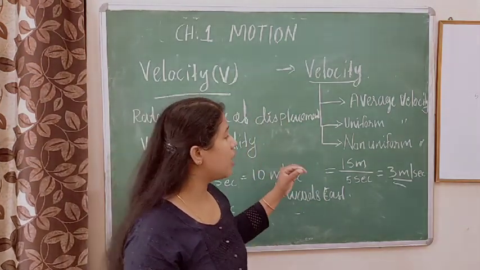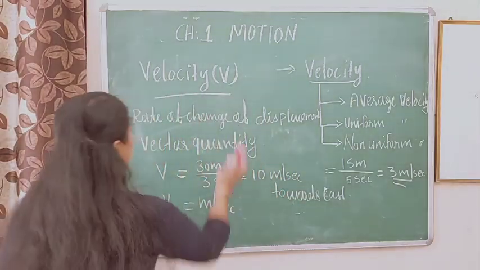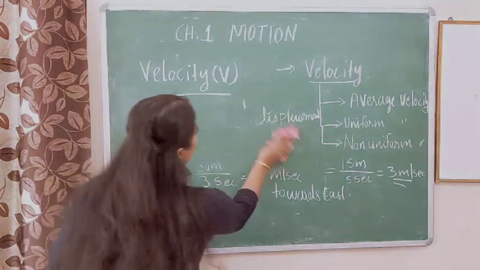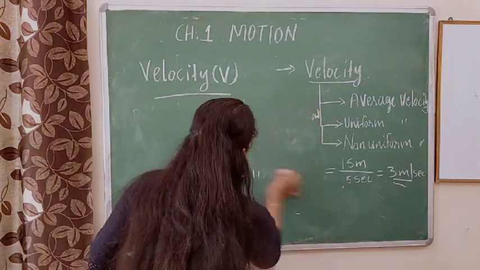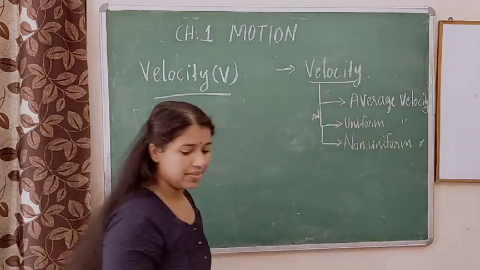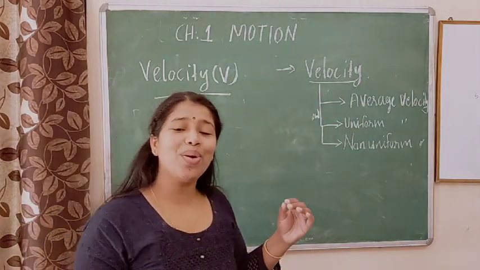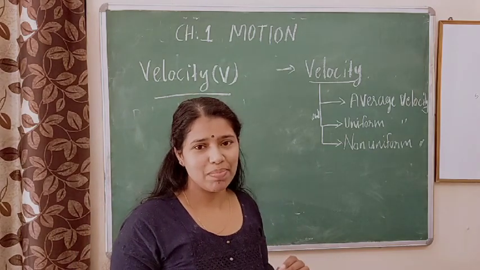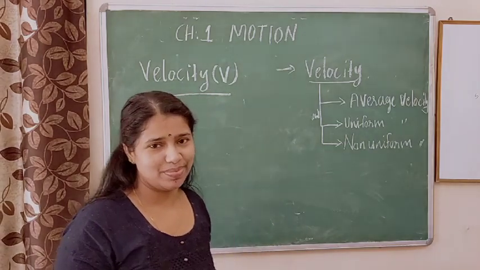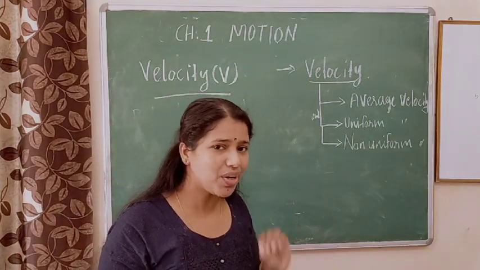Next one, what are the types of velocity? First one is average velocity. Average velocity means total displacement by total time. Average speed means total distance by total time.